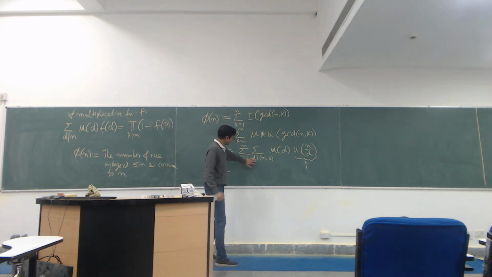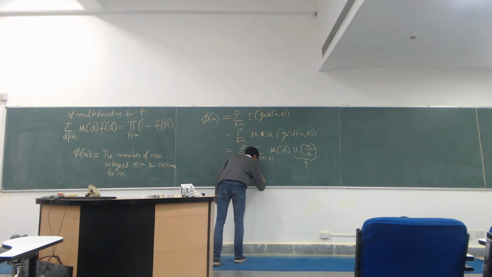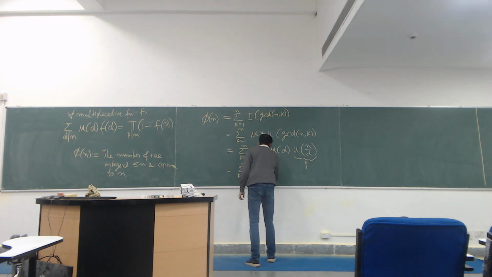Right, we have to write this out a little more clearly, so I'm going to say k is running from 1 to n, and d dividing n and d dividing k.